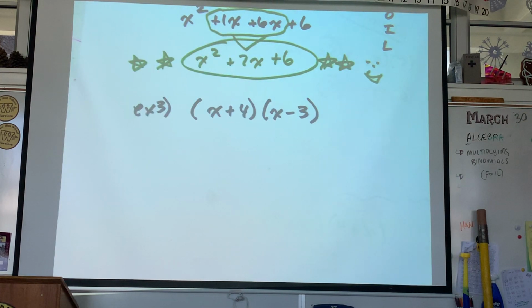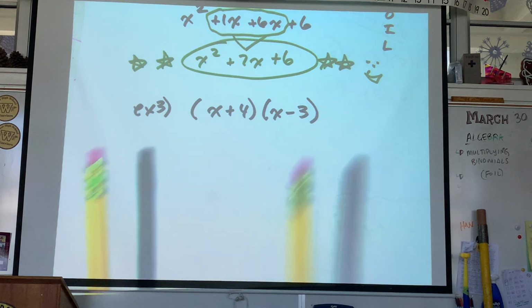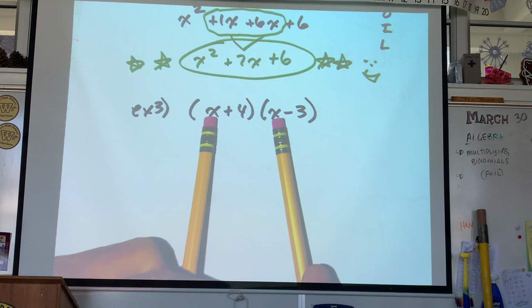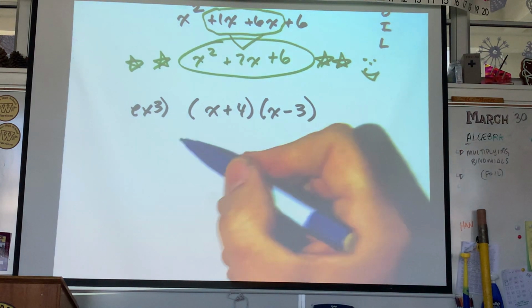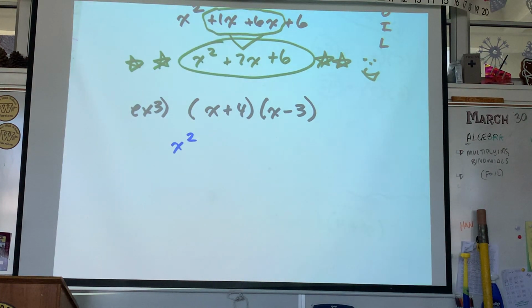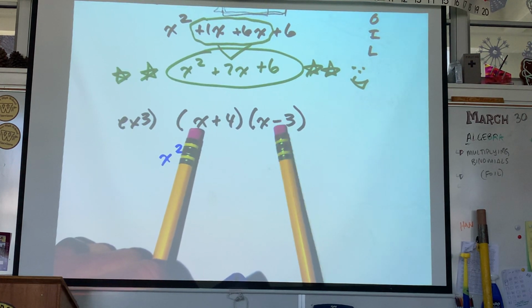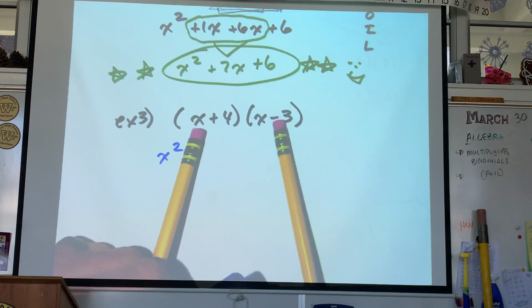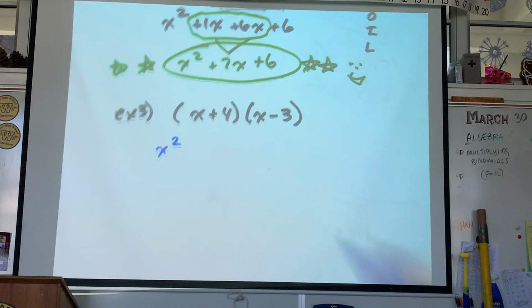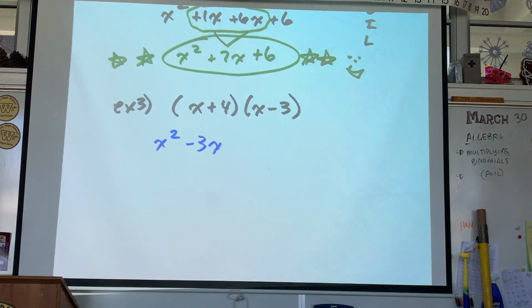First, outer, inner, last. The firsts: x times x is x squared. O stands for outers. The outers are x times -3. Make sure you see that -3 right there, right in front. x times -3 is negative 3x.